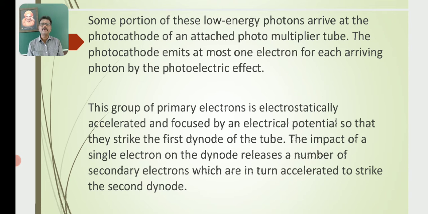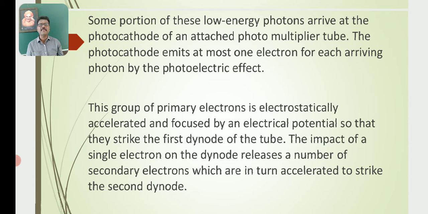Again, when photons pass through the photomultiplier tube, the photoelectric effect takes place, so the photocathode emits at most one electron for each arriving photon.